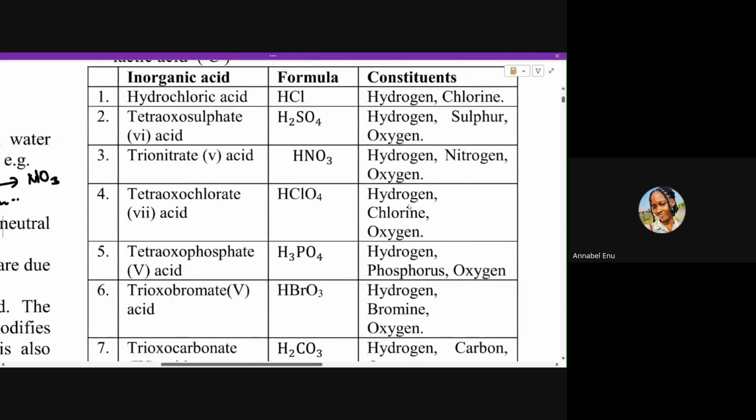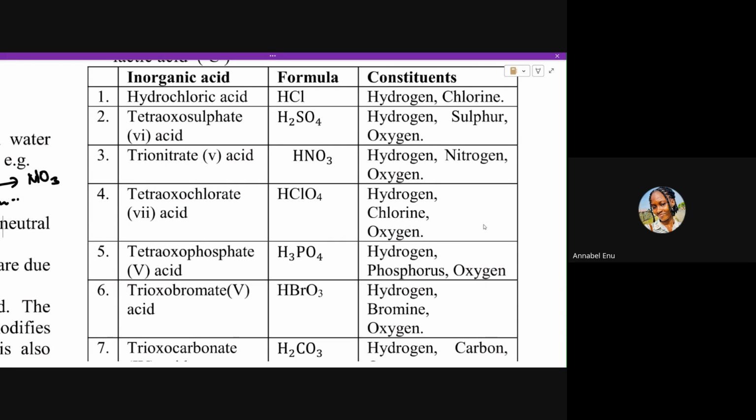Inorganic acids are typically acids that are not made of carbon, that are not carboxylic acids, and they are typically acids that are not found in nature. They are usually synthesized, industrially or laboratory made. It's not like natural acids, which are the organic acids. Those are the carboxylic acids we did in functional groups in the last topic.